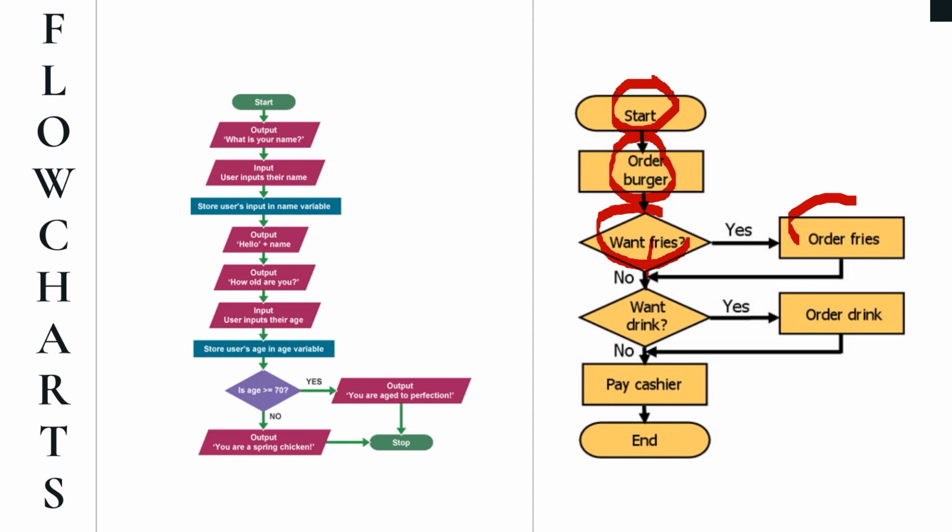If yes, then you order. If no, you are going to pay only for the burger. But if yes, you are going to pay for everything you have ordered. And then this is the end. This is an example of a flowchart.